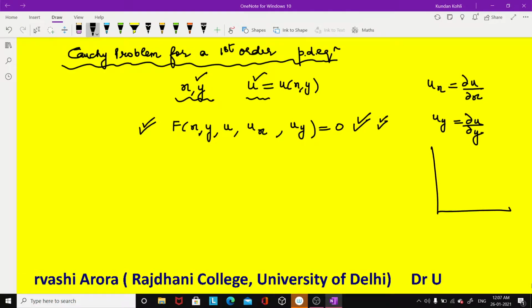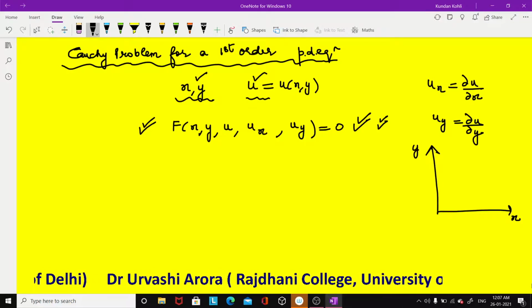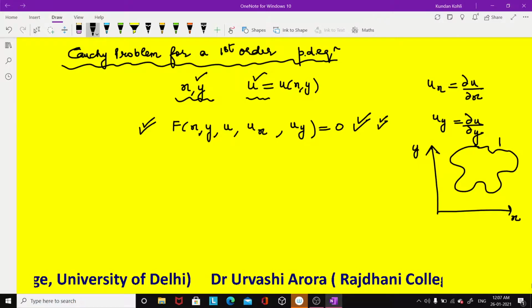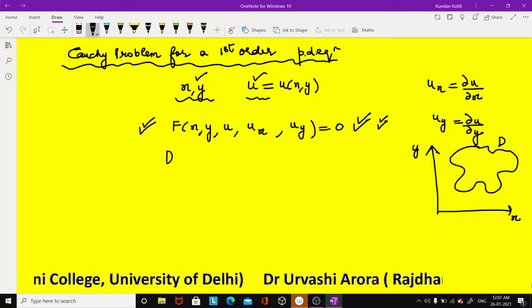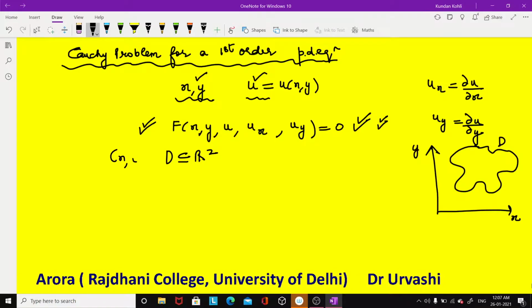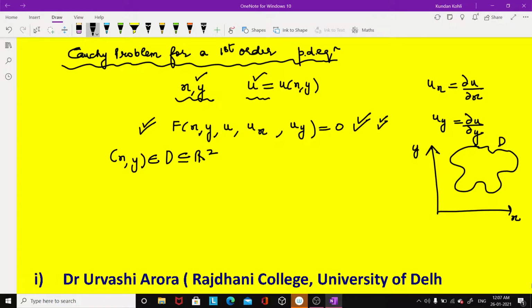If this is the x-axis, this is the y-axis, which means that if this is your R square, then of course everything is taking place in some domain D of R square. So there is some domain D of R square in which we are working, which means that x and y are coming from this domain D. So everything is happening in this domain D only.